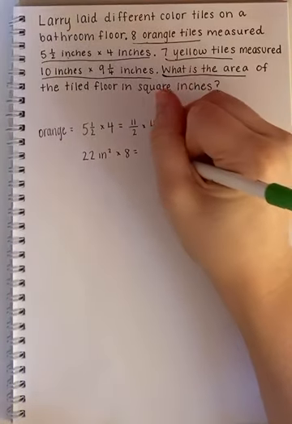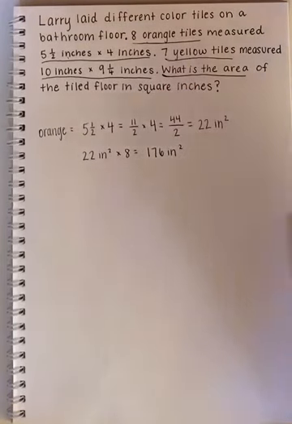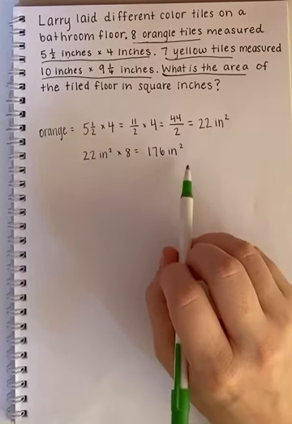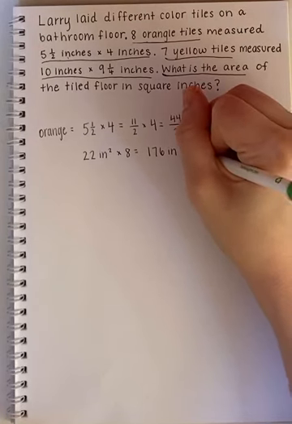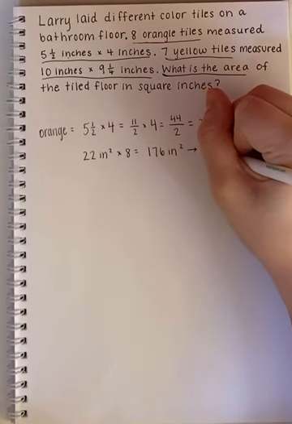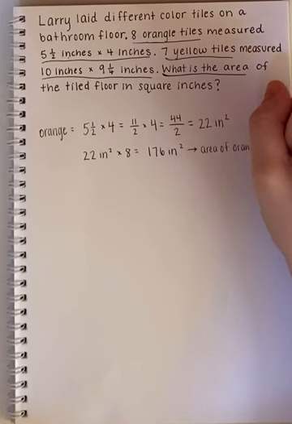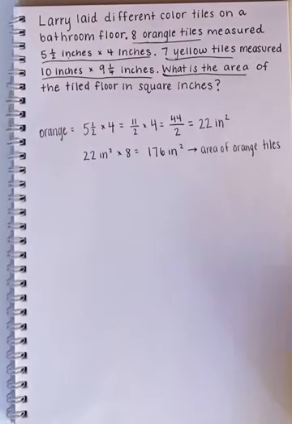You should have gotten 176 inches squared. So 176 inches squared is the total area of the orange tiles. So I'm gonna write area of orange tiles. Okay, but I'm not done.